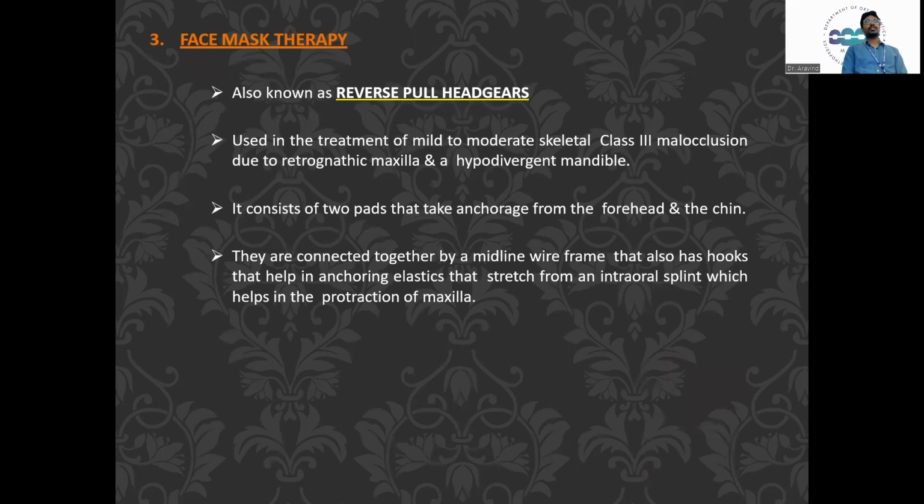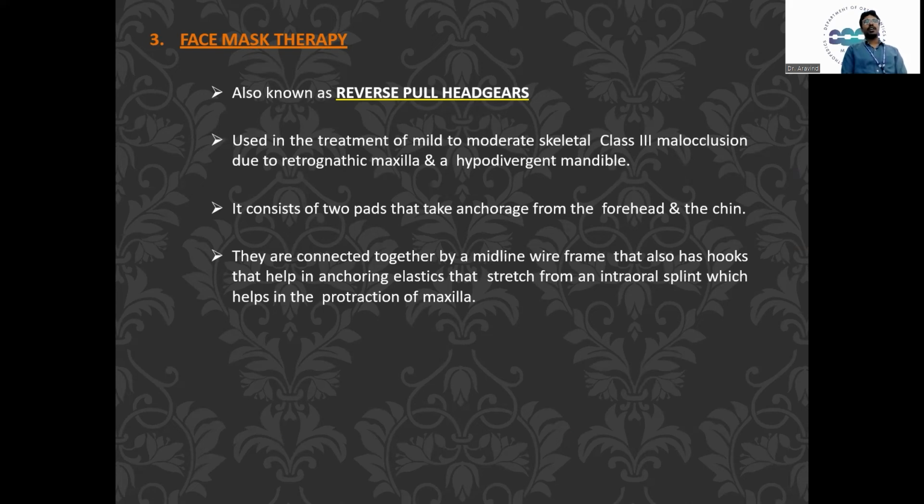So coming to face mask therapy, the face mask is also known as reverse pull headgear, and it is usually used in the treatment of mild to moderate skeletal class 3 malocclusion when it is due to a retrognathic maxilla and a hypodivergent mandible. It consists of two pads which take anchorage from the forehead and the chin. One pad is on the forehead, one is propped against the chin, and these two pads are connected together by a midline wire frame that also incorporates hooks.